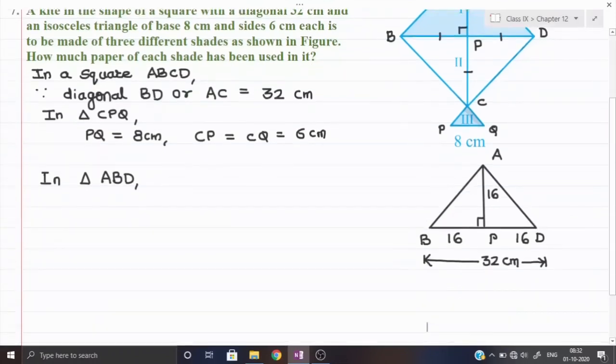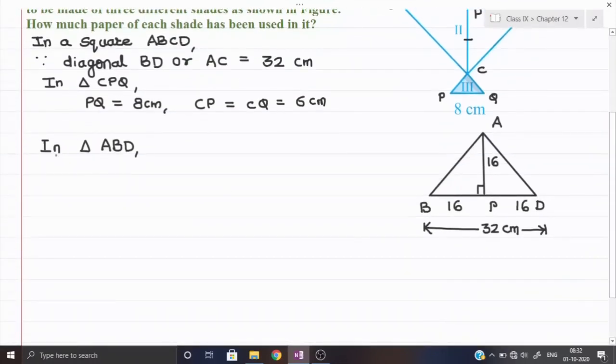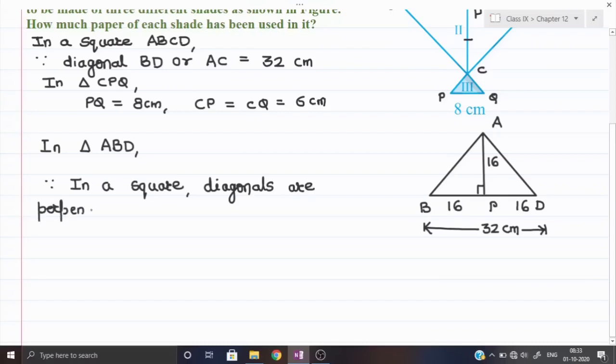First of all, we shall write down in the triangle ABD, since in a square, that we will mention first, in a square diagonals are perpendicular bisector of each other.